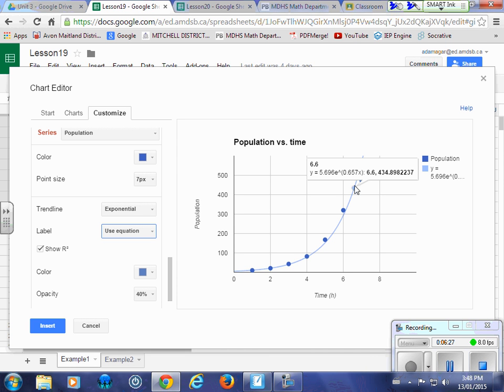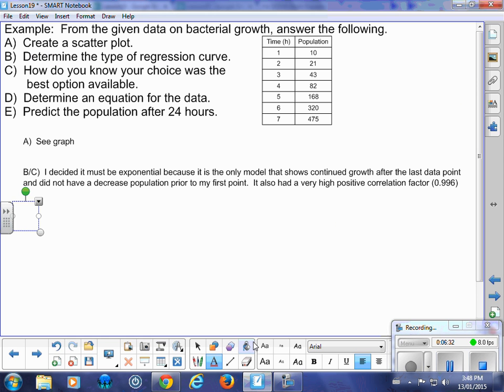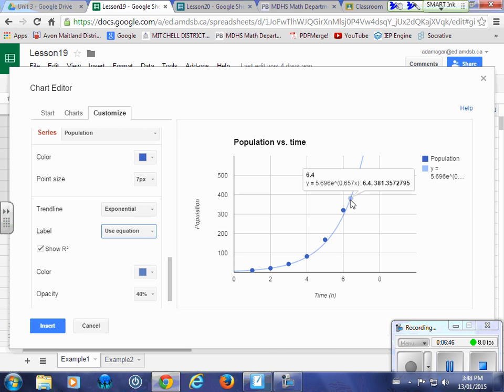So my actual equation is, let's call it 5.7. So D part: y equals 5.7 e to the exponent 0.66x.